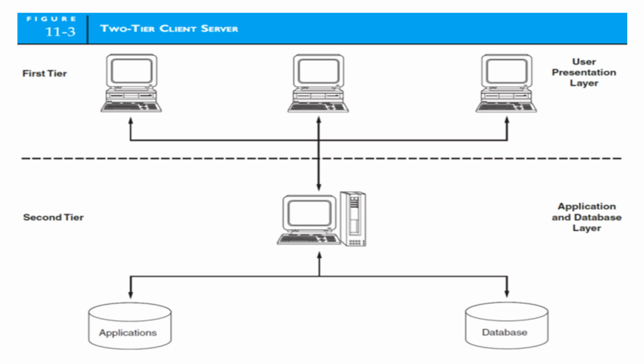So this figure is explaining the two-tier client server. You see here we have the first tier and the second tier. In the first tier we have a few users, representing the layer of users, and then we have the second layer. The second layer here has the computer or the server that handles the applications and database layer.